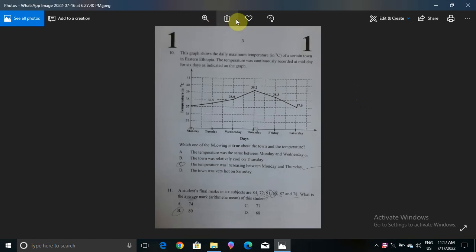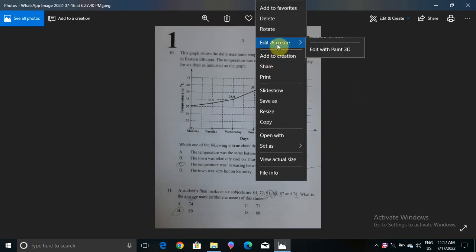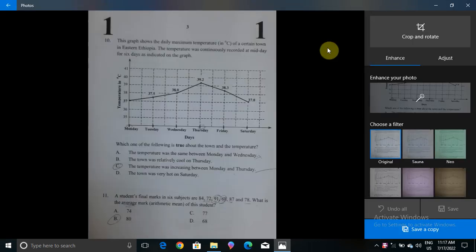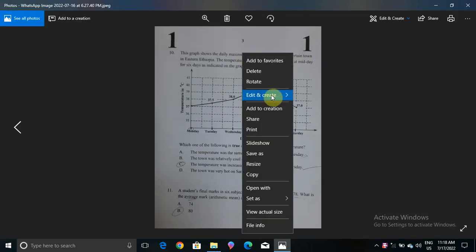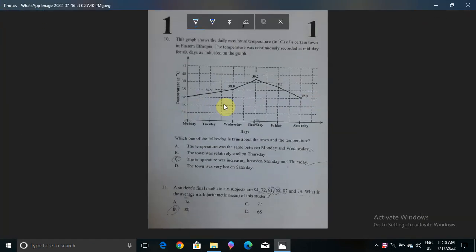In this question, what we have here is a graph that shows the daily maximum temperature in degrees Celsius of a certain town in eastern Ethiopia. The temperature was continuously recorded at midday for 6 days as indicated on the graph.